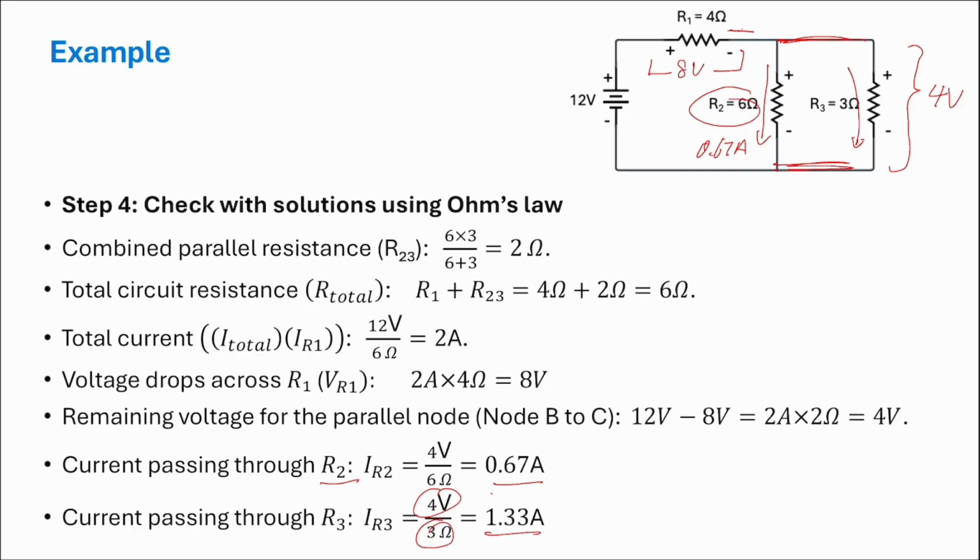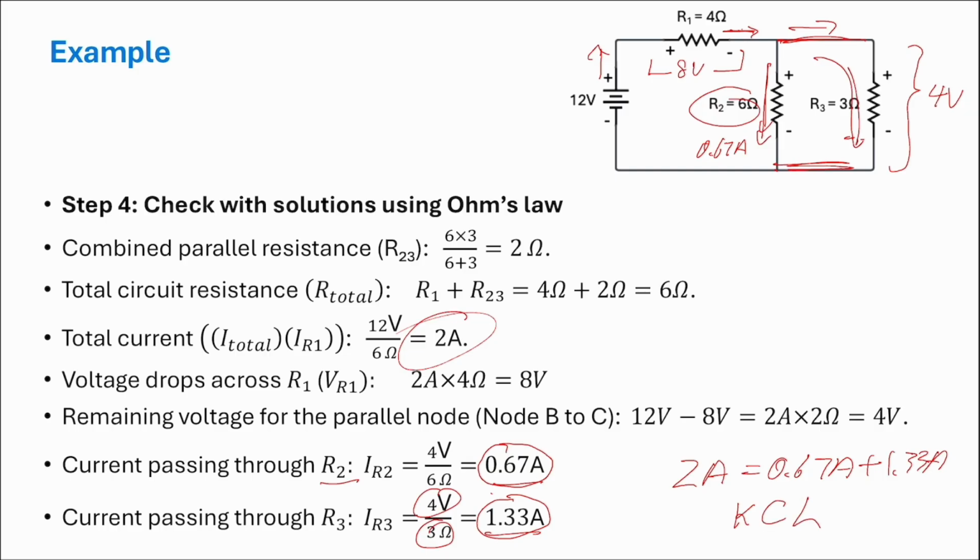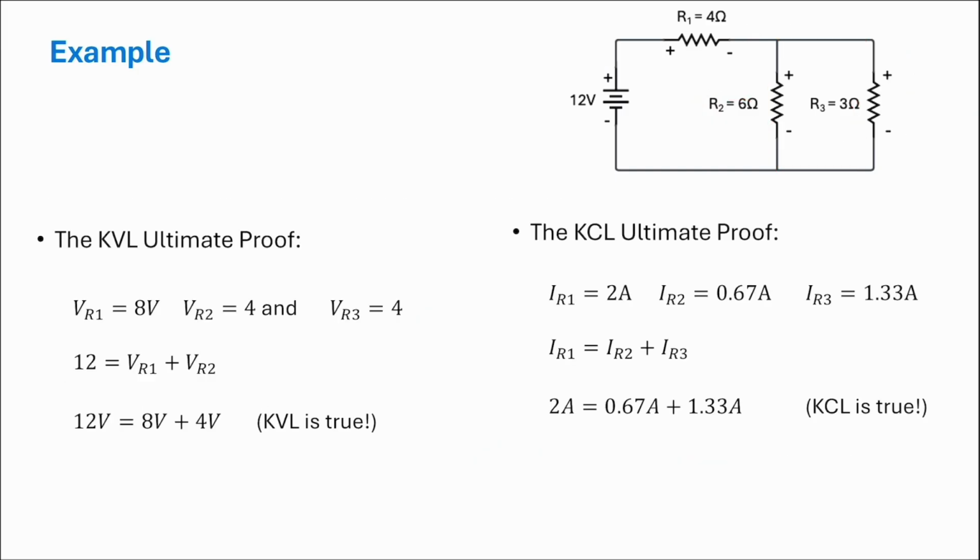It means the total current, the same as the current passing through R1, is equal to 2 amp, and it splits into two paths. One passes through R2, which is 0.67 amp. One passes through R3, which is 1.33, and you can see 2 amp equals 0.67 amp plus 1.33 amp, and this is KCL. So this is exactly what we found here.